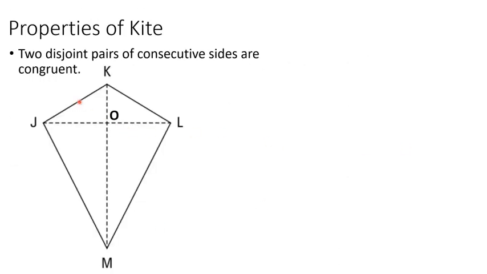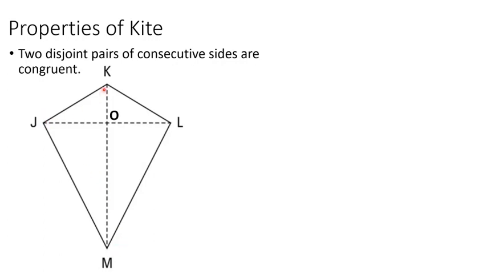So the first property of kite is two disjoint pairs of consecutive sides are congruent. So yung tinutukoy na pairs of consecutive sides here are JK and KL. So that is the first pair. And then the next pair is JM and LM. And according to the property, they are congruent.